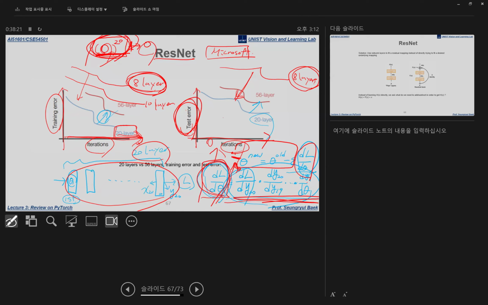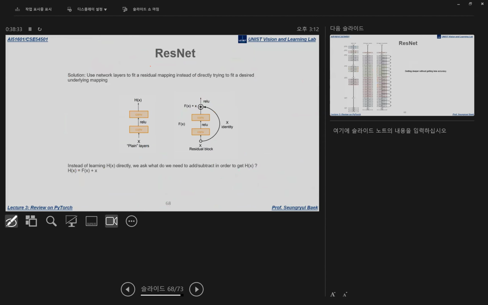So after stacking more than 20 layers, the performance is reduced again, okay? And that's why ResNet has been proposed to solve this type of problem.